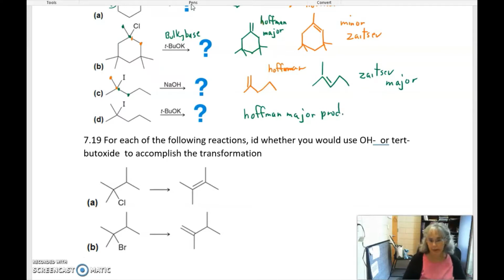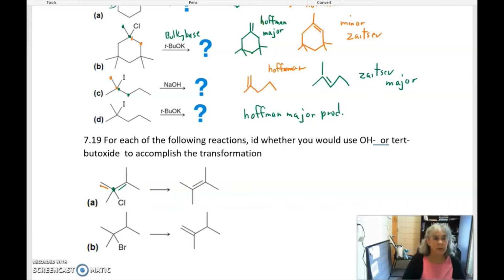So for each of the following reactions, identify whether you would use hydroxide or t-butoxide to accomplish the transformation. So here we've got a chloride. So this is the carbon that's going to be involved. We can get a double bond this way, or we could get a double bond, we'll do it another color, this way. If we do it the orange way, we'll get the Hofmann product.